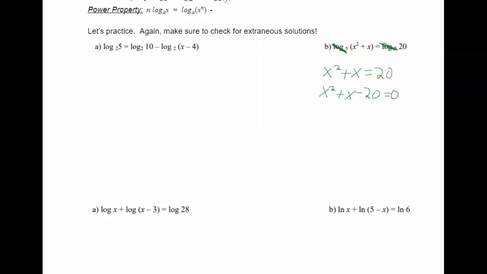So what equals negative 20 but adds to positive 1 would be a positive 5 and a negative 4.